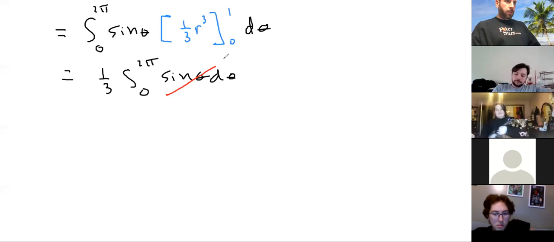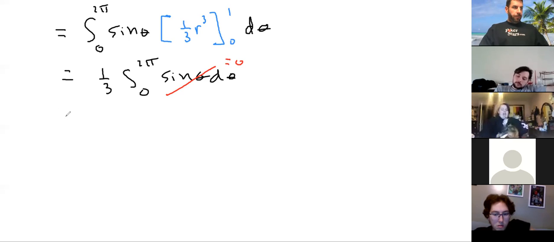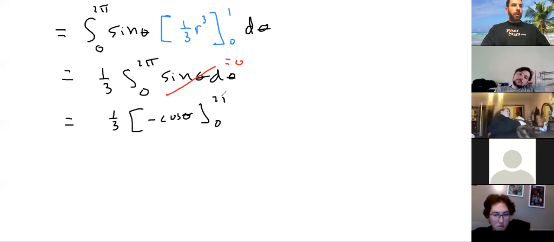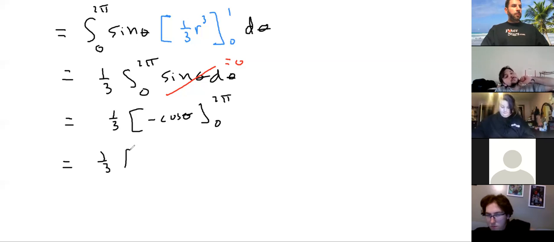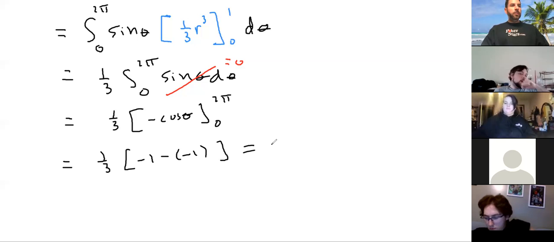So this thing is equal to 0, but let's just show you why, for those of you keeping score at home. The integral of sine is negative cosine theta from 0 to 2 pi. And so you get 1/3 times (-1 minus -1), and you get 0.